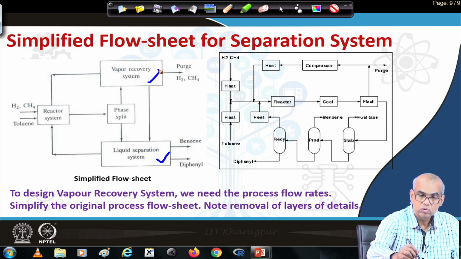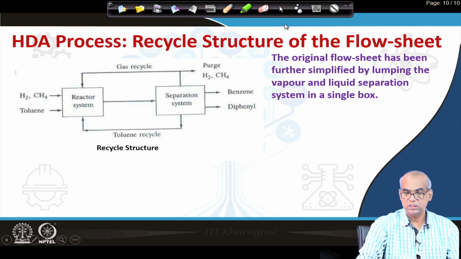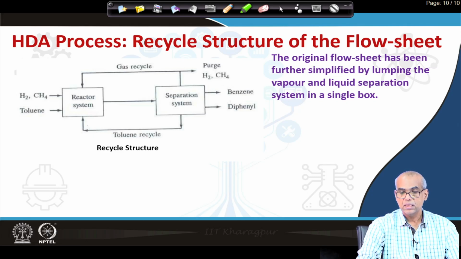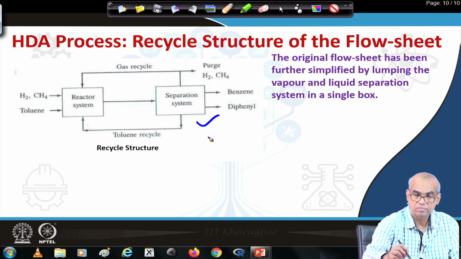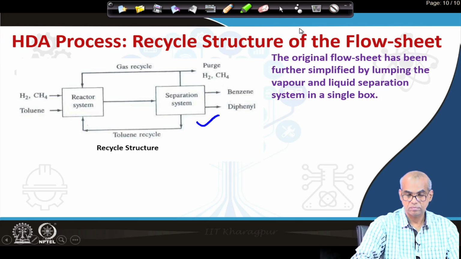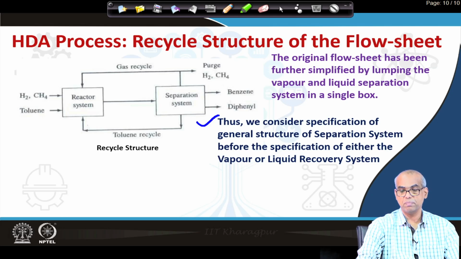Now, we further simplify the flow sheet by lumping the vapor and liquid separation system in a single box. We consider specification of the general structure of the separation system before the specification of either the vapor or liquid recovery system.